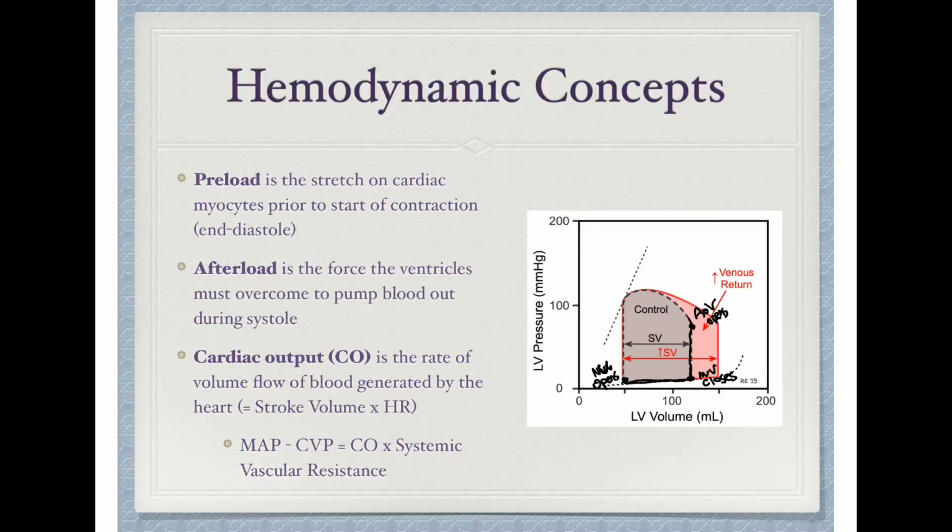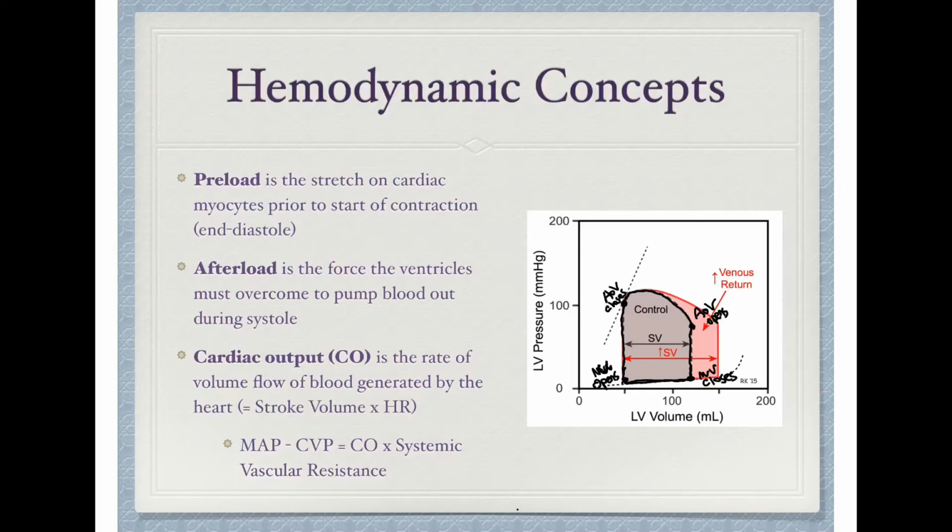and blood starts to leave the left ventricle, so the left ventricle volume decreases all the way up until the point where the pressure in the left ventricle starts to drop below the pressure in the aorta. At this point, the aortic valve closes and the left ventricle starts relaxing with a fixed volume until the mitral valve opens again and the ventricle can start filling.